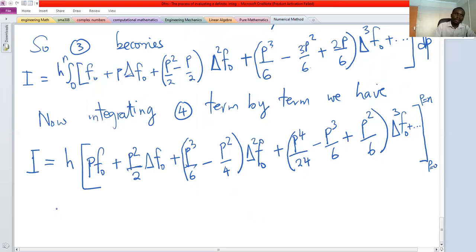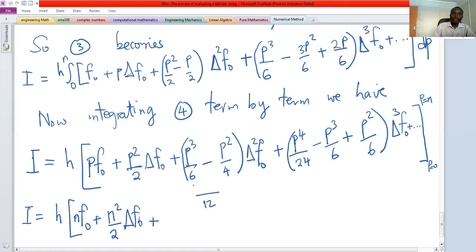So we'll have h into, when you replace the p by n, you'll have n f naught plus n squared over 2 forward f naught plus, now this term here, common denominator is 12.